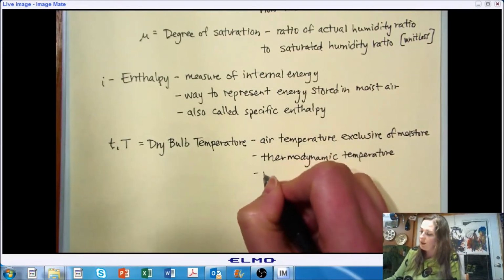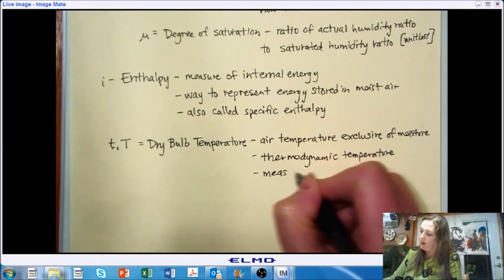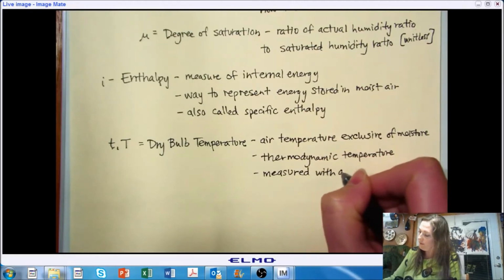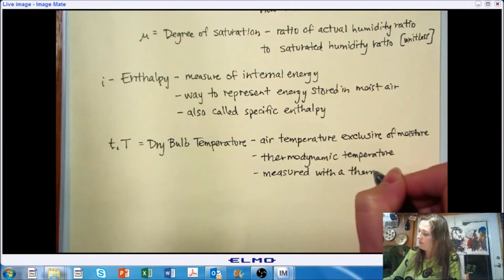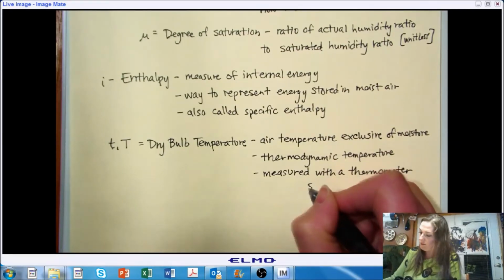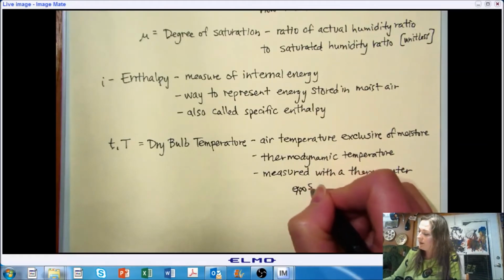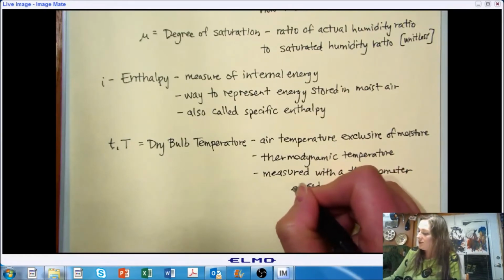And it's what we would get if we just measured the air with a thermometer, as long as we expose it to air and shield it from sources of radiation.